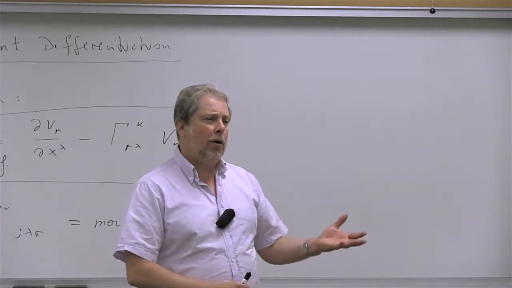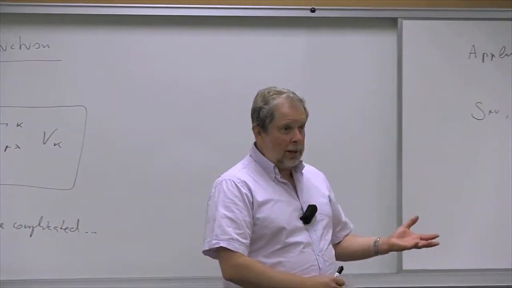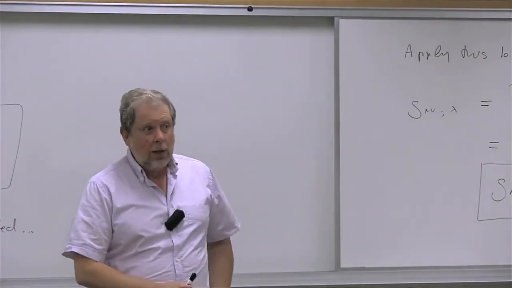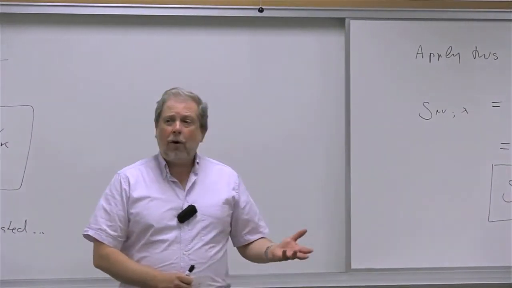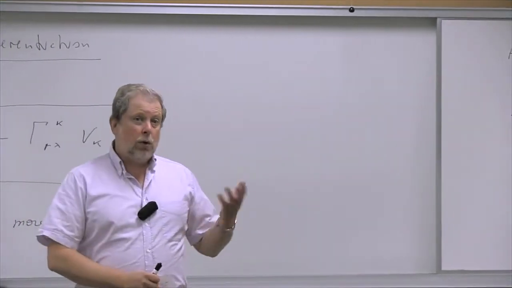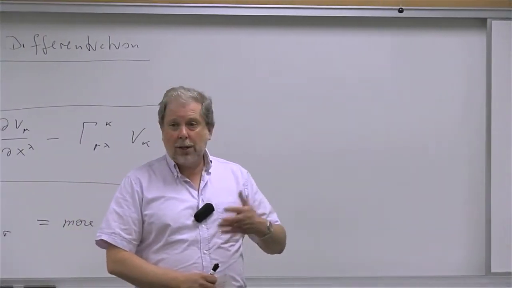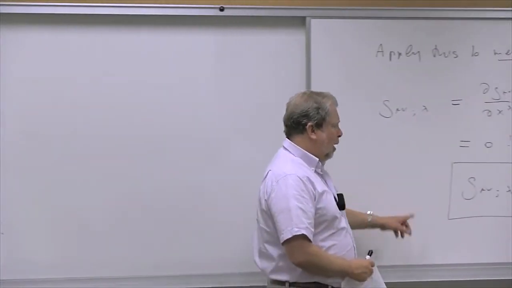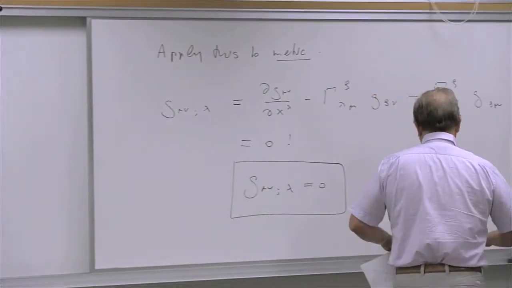And the ordinary derivative is 0 because the derivative of a constant is 0. So it has to be 0 in a freely falling coordinate system. It is also a tensor, which means it has to be 0 in every coordinate system. So this result is in fact not unexpected.